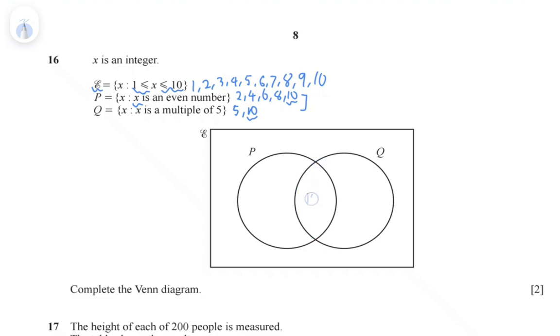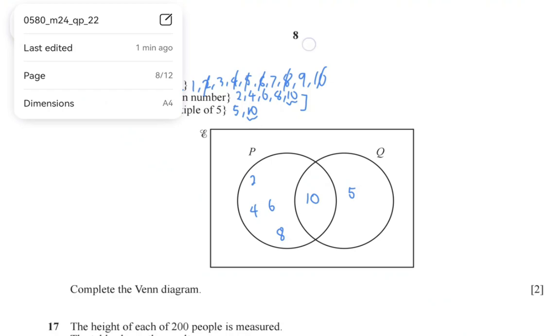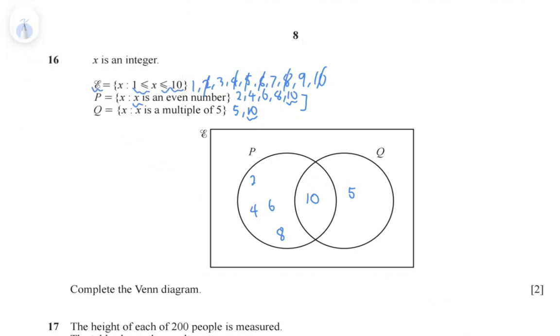Then looking at the other numbers, we can fill in their respective sets. 5 is part of Q, and P has 2, 4, 6, and 8. Now looking at the remaining numbers, by cancelling those we've already written, we have 1, 3, 7, 9.